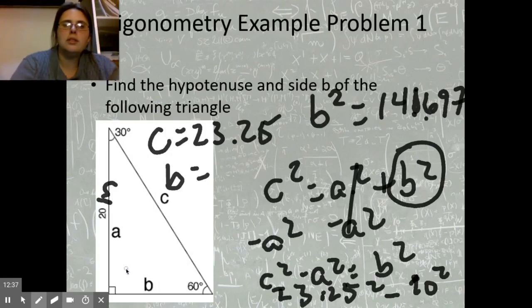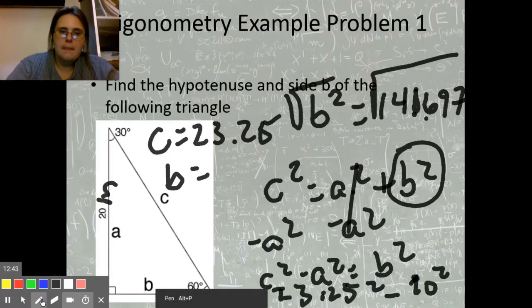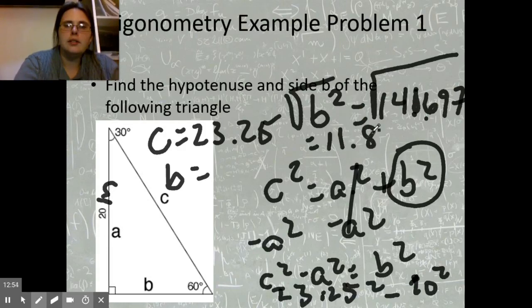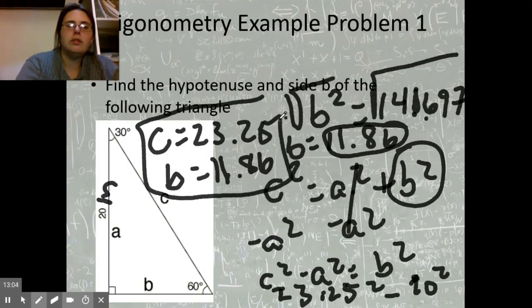So then we just want to take the square root of both sides, and it becomes 11.86. And this is our answer for B. And C was 23.25.